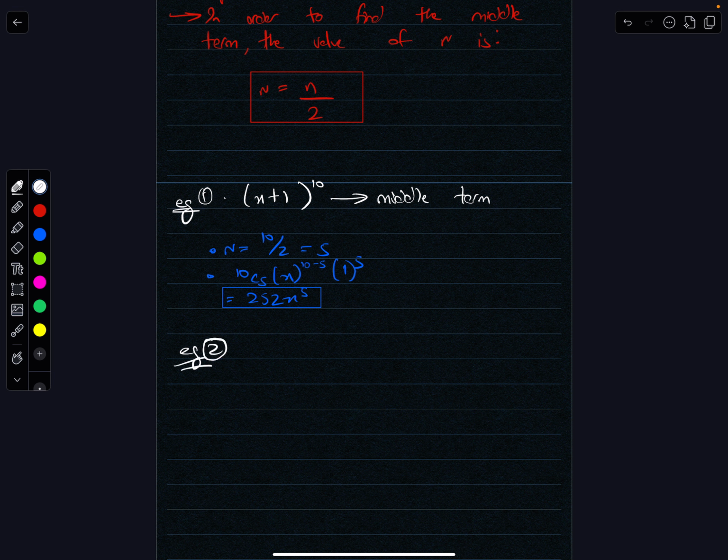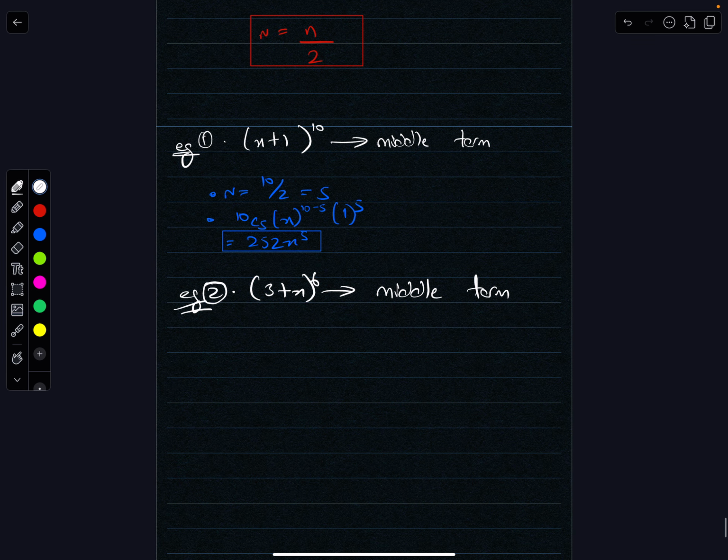Let's take an example. 3 plus x to the power 6. I'm asked to find the middle term. So the value of r would be half the value of the power. It turns out to be 3. And the expansion would look something like this. 6c3, 3 to the power 6 minus 3 and x to the power 3.